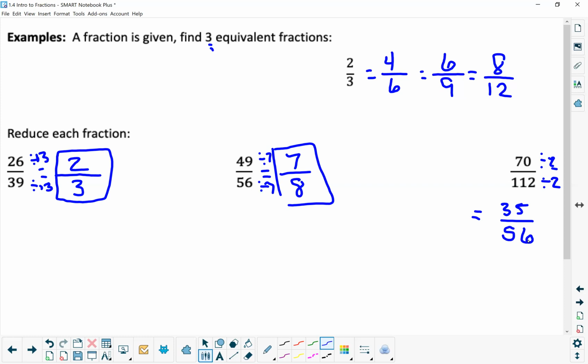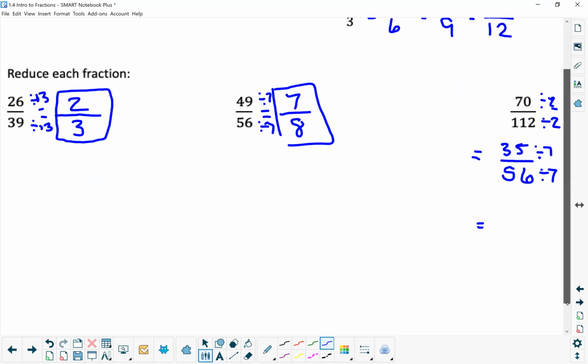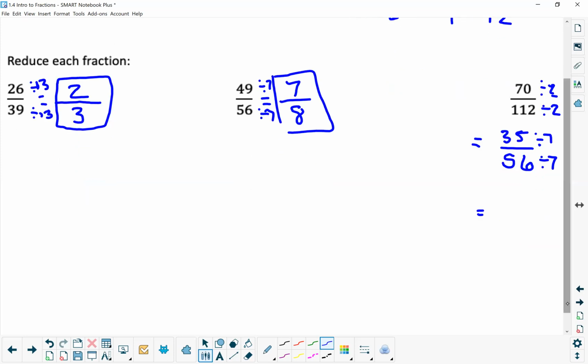These I could look again at the table and see. And these also are both divisible by 7. So technically, the greatest common factor, I could have divided everything by 14 to begin with. 35 divided by 7 is 5. 56 divided by 7 is 8. We'll get 5/8 for our reduced fraction.